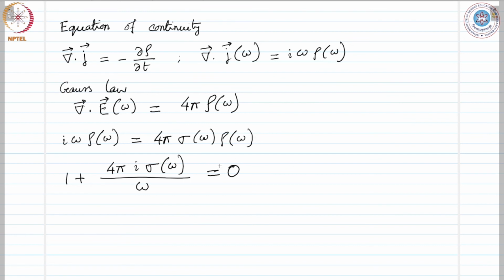Only then will this equation have a solution, and this is the same as the condition for propagation.